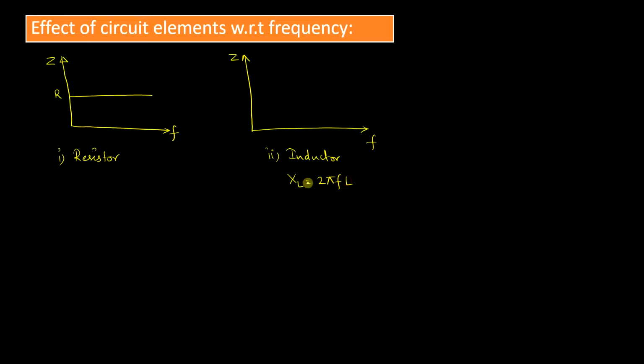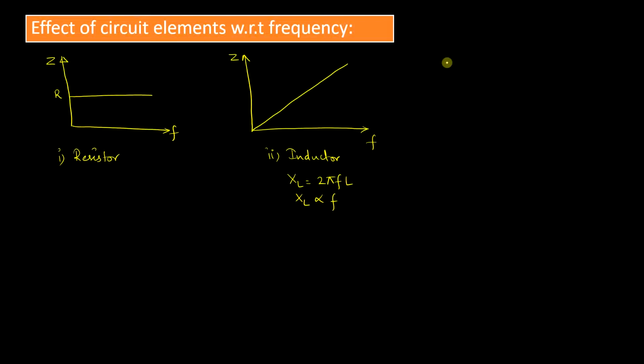So this is directly proportional. You can see that F is directly proportional to XL. So if frequency is increased, XL also increases, or I can say impedance also increases. If frequency is decreased, XL also decreases. So this graph is a linear graph, because XL is directly proportional to F.